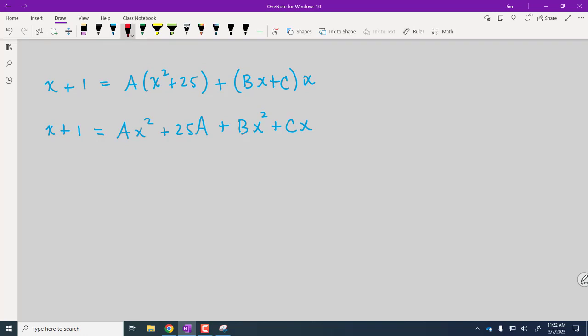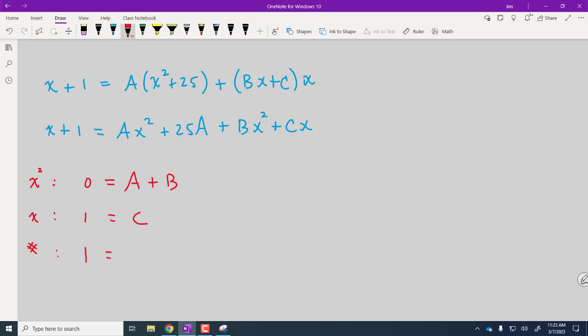So what is the coefficient of x squared on the left-hand side? 0. Coefficient of x squared on the right? A plus b. Coefficient of x on the left? 1. Coefficient of x on the right? C. Constant on the left? Constant on the left is 1.